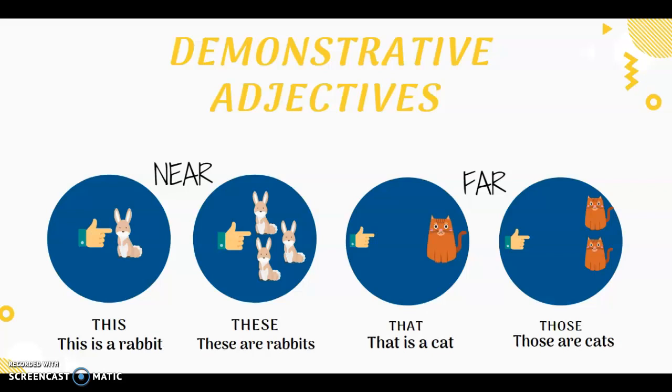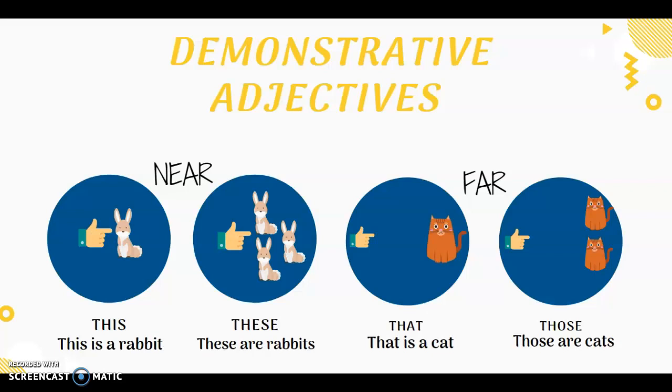We have some demonstrative adjectives that you can use when you have something near and when you have something far from you. When you have something near, you have to use this in the singular. So you have to say, this is a rabbit. When you have many things near to you, you have to use these. These are rabbits.